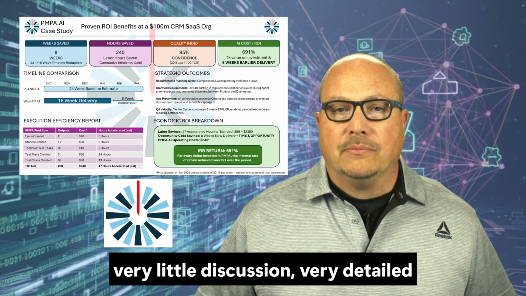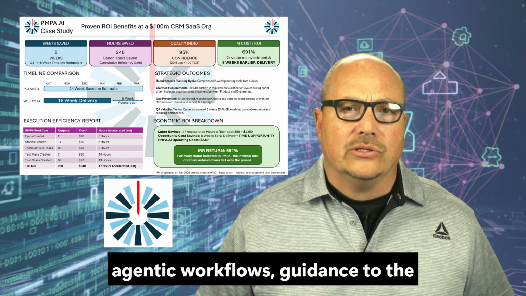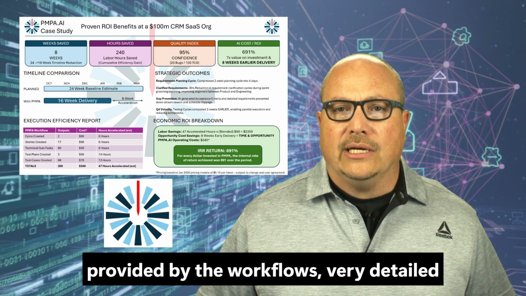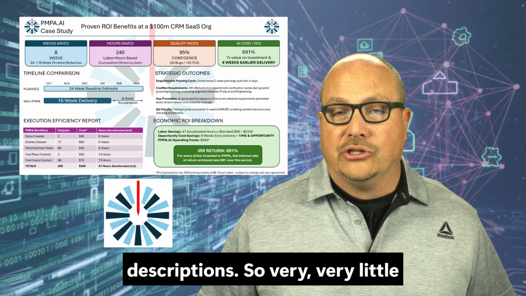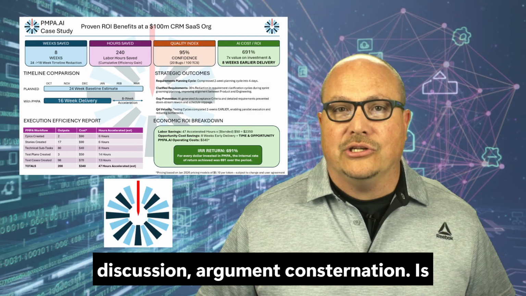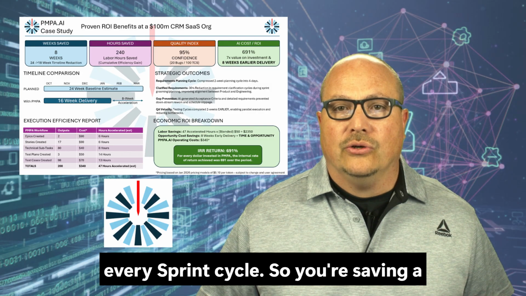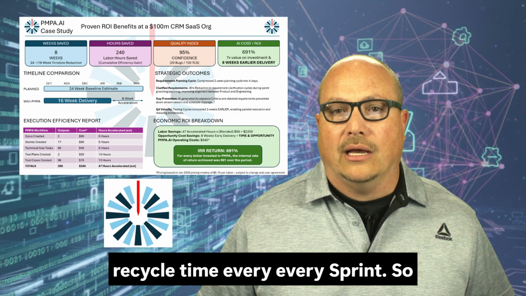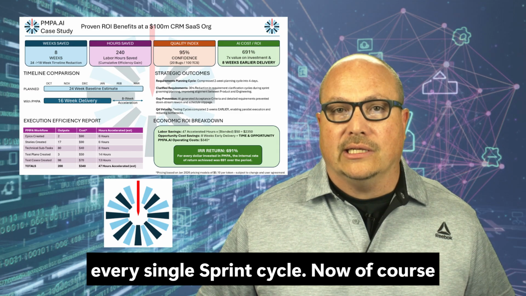Very detailed acceptance criteria is provided by the agentic workflows, guidance to the developer, guidance to the testers provided by the workflows, very detailed descriptions. So very, very little discussion, argument, consternation is encountered at every sprint cycle. So you're saving a lot of labor time, you're saving a lot of recycle time every sprint. So there's compression there of the schedule every single sprint cycle.